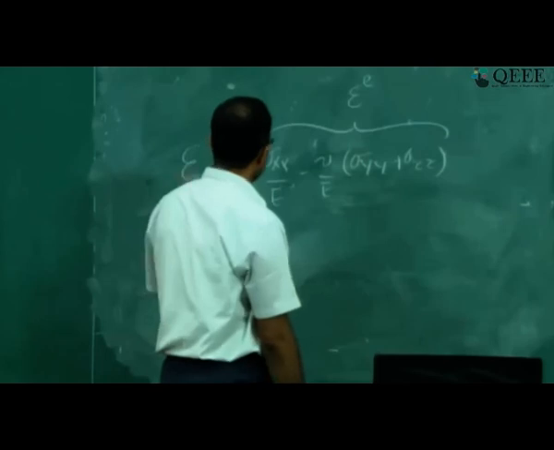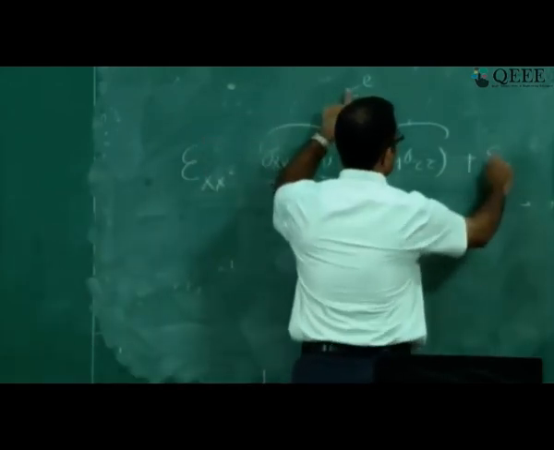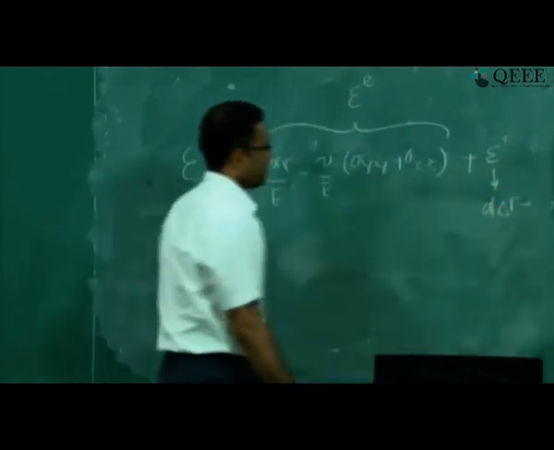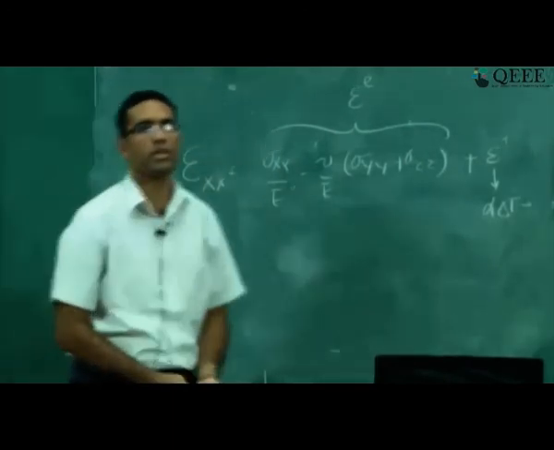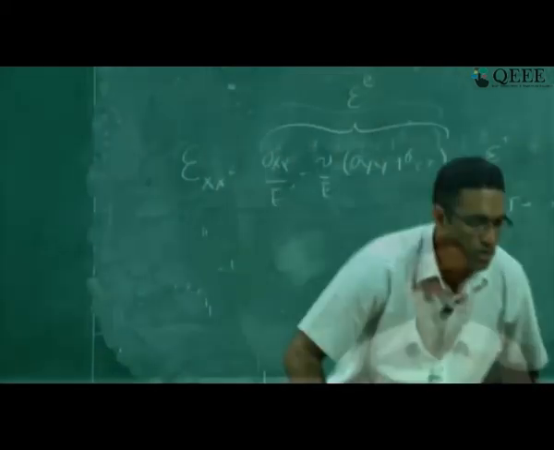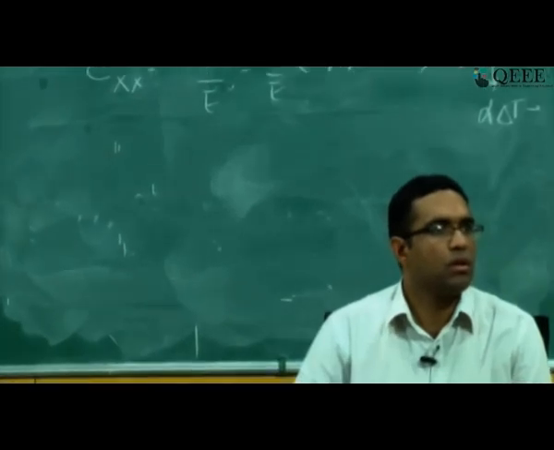If you have thermal strains also, the total strain will be equal to the elastic strain plus the thermal strain, and this thermal strain is alpha delta T, if it's an isotropic material. Similarly, you can write for all the three normal strains also. That is what is written there. I don't know whether that answered this question, but I think so. Is that clear?